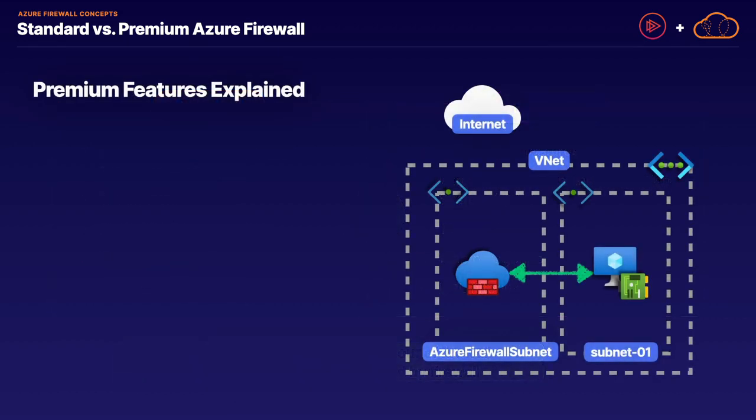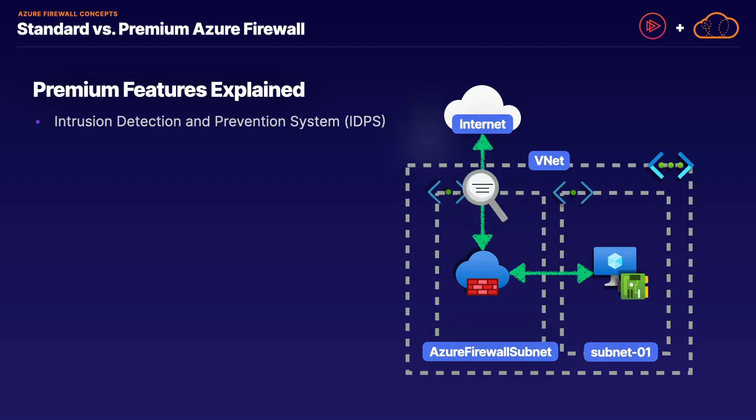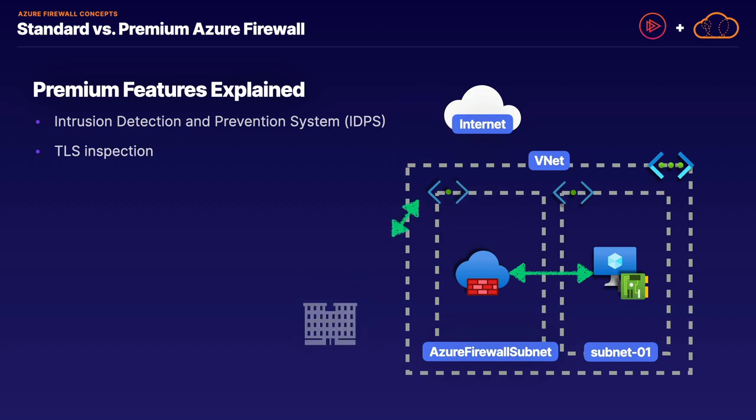As we discussed, with the Azure Firewall Premium SKU, we have intrusion detection and prevention systems. So we have built-in automated inspection to detect problems or prevent them from happening as far as intrusion into our networks. Then we also have TLS inspection, and this typically involves the keys that we use to decrypt and encrypt traffic between the client and the server.